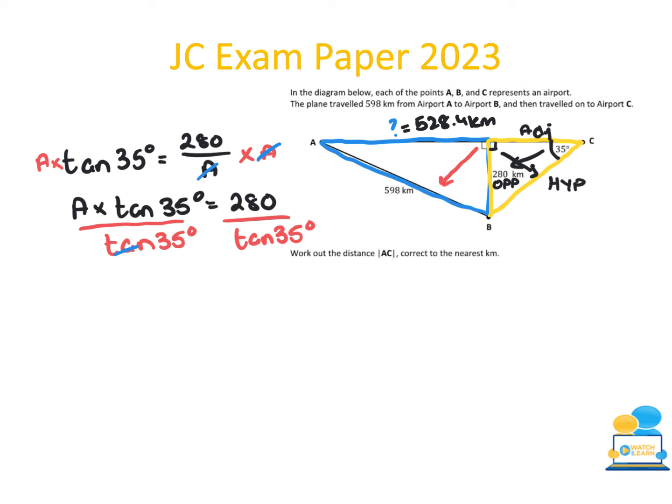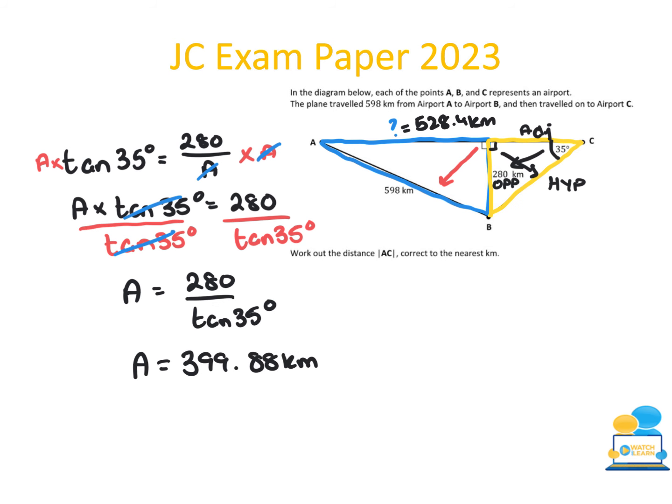That will cancel out the tan of 35s on my left, and it'll leave me with A equals 280 over tan of 35 degrees. Now I can pop that right hand side into my calculator and I get an answer of 399.88 kilometres.